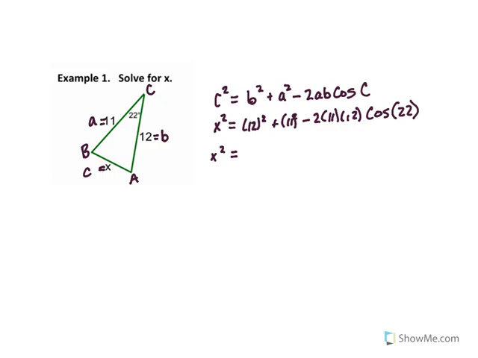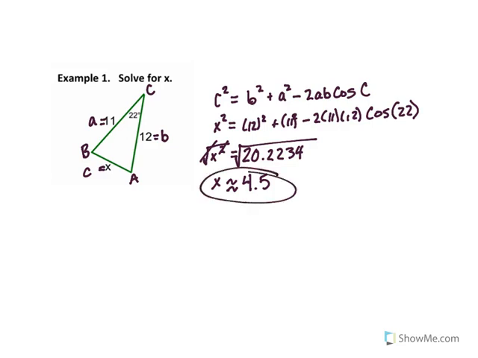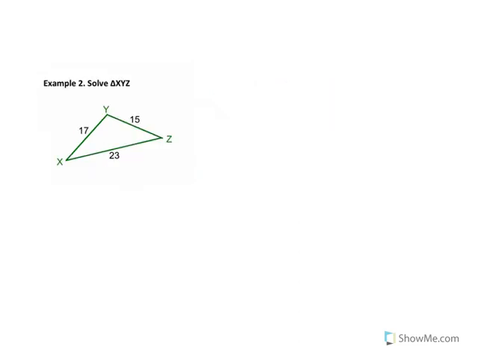Okay, when I do that, I get approximately 20.2234, but we still have x squared equals, so we got to take the square root of both sides to get x by itself, and we get about, I'm going to write approximately 4.5. You get 4.497, we'll just do 4.5, so that's our answer. X is approximately 4.5.